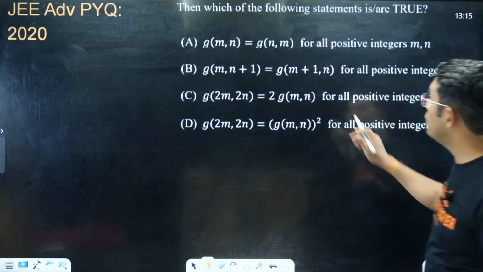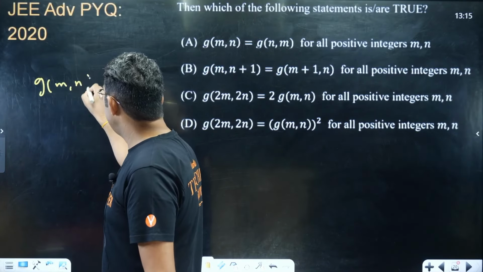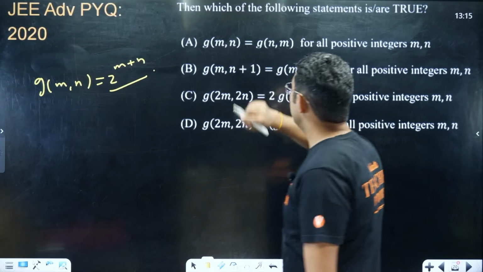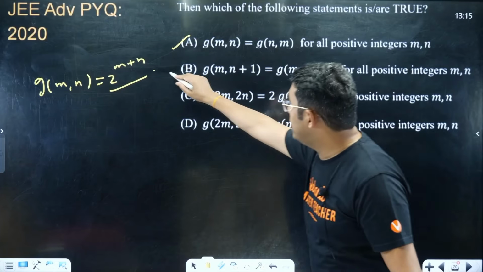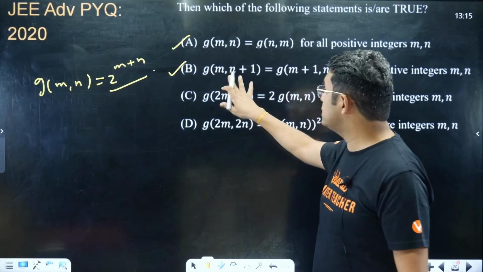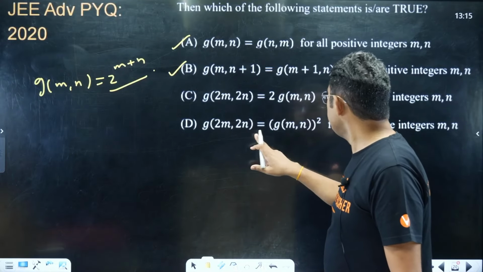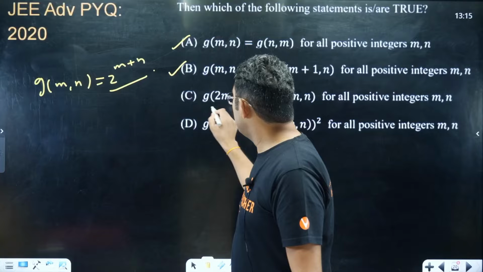So you can now see G of m comma n is equal to 2 power m plus n. Which option should be correct? I think G of m comma n and G of n comma m should be same, so A has to be correct, B has to be correct because it is just dependent on the sum of these two. Here if you take 2m, 2n, what will this be?